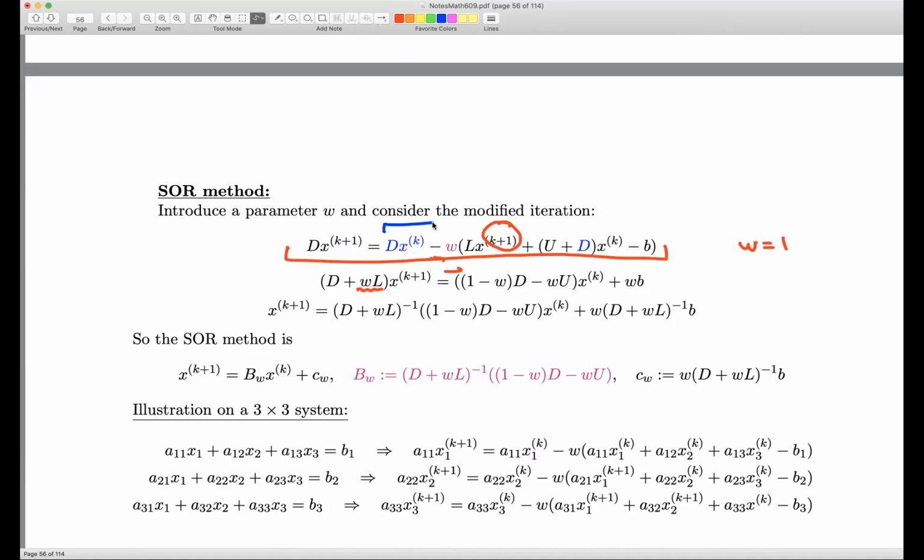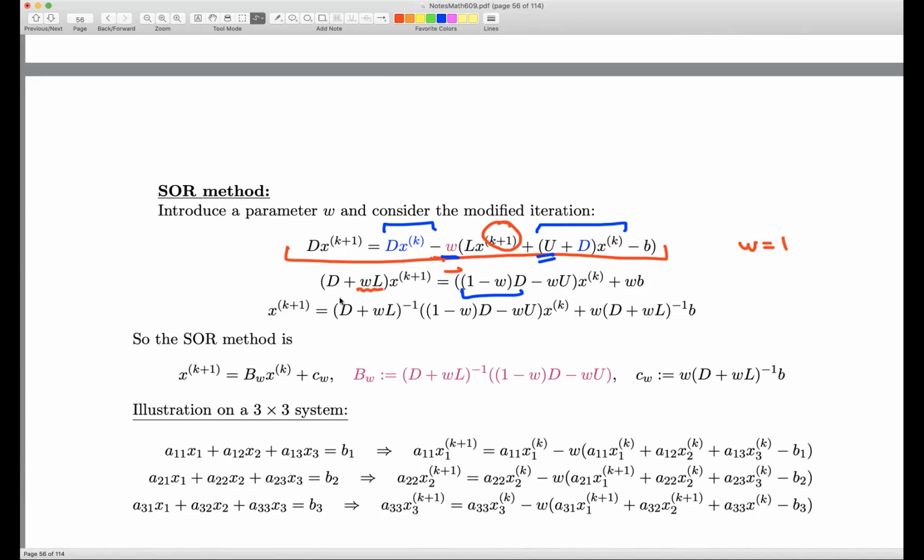This has index k, and then this has an index k. And we see here that we have D, and then we have minus omega D. So D minus omega D, this is the part that is combining having D, and then we have U minus U times omega. So minus U omega, and then we pull out xk, and then minus omega times minus b gives you omega b.